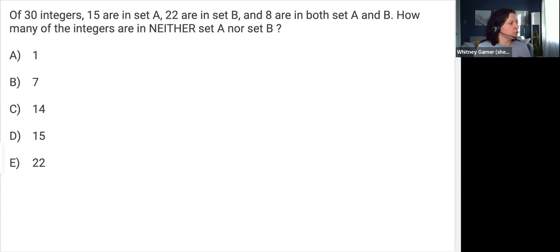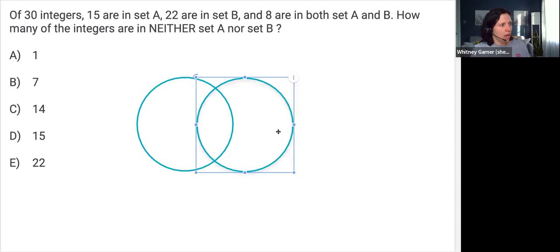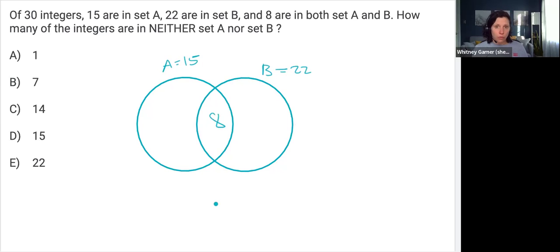If we were to sketch that out, our set A and set B would overlap. Over here in set A, over here I've got set B, and I know that there are 30 integers. I'm not entirely sure where to put that yet. I know that A has 15 and B has 22, and 8 would be where they cross over.